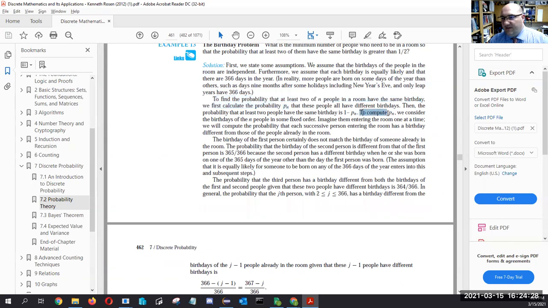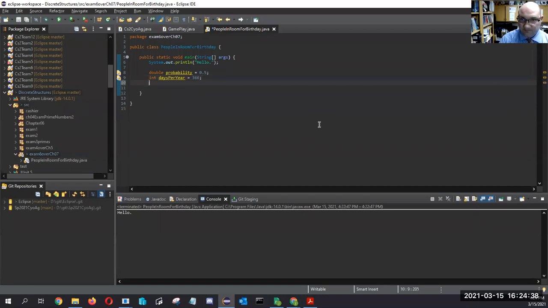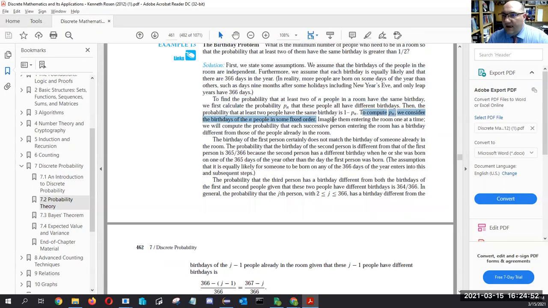To compute p of n, we consider the birthdays of n people in some fixed order. So let's come in here and say int number of people, and I'm going to start out with 2, because you have to have a minimum of 2 people.